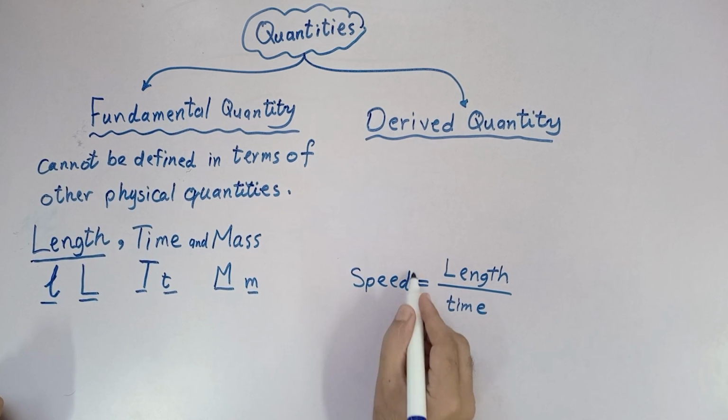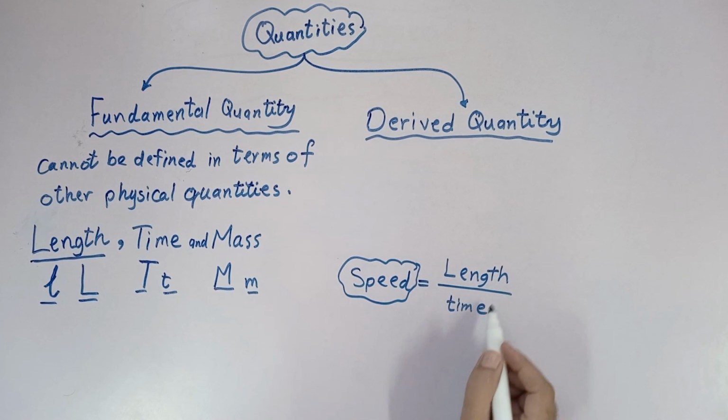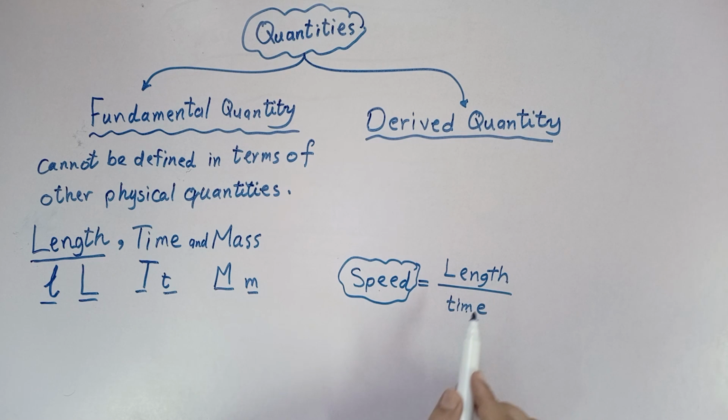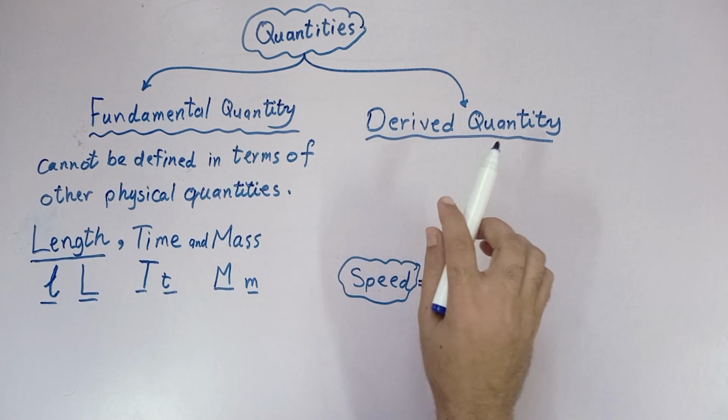So if you want to define speed, you have to know the length and time. So speed is defined in terms of length and time. Speed is derived from length and time. So speed is a derived physical quantity.